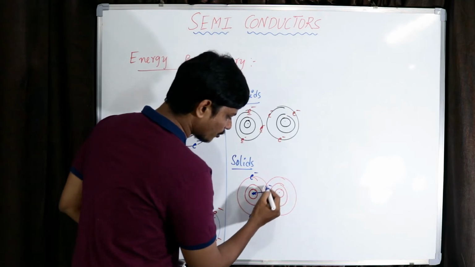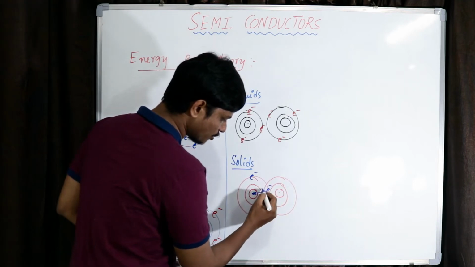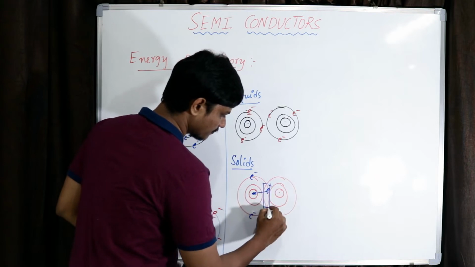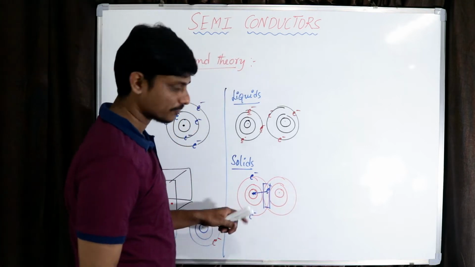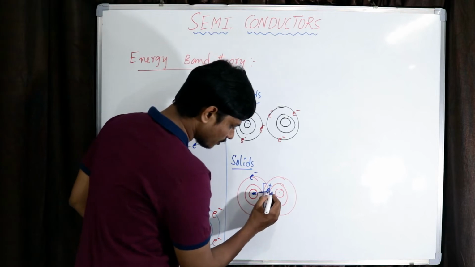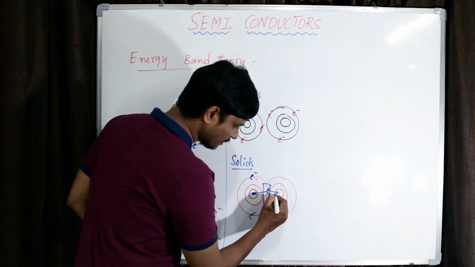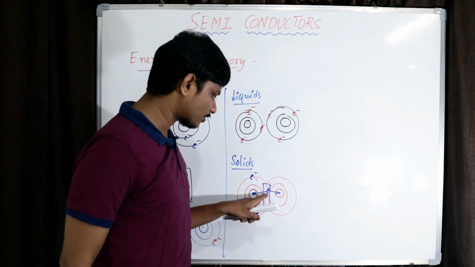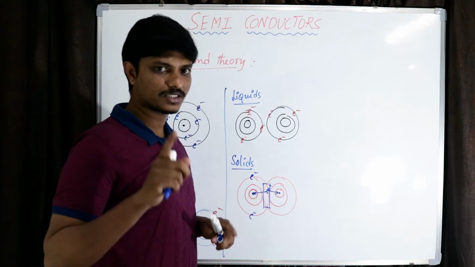But as the outermost layers of valencies are merged over here, if you look at this area, this electron now comes under the influence of this other nucleus as well. So this electron is experiencing influence by two nuclei at a time.